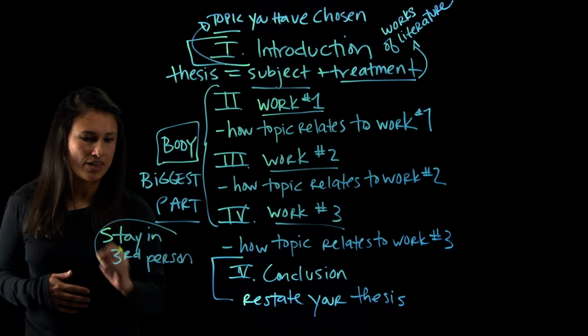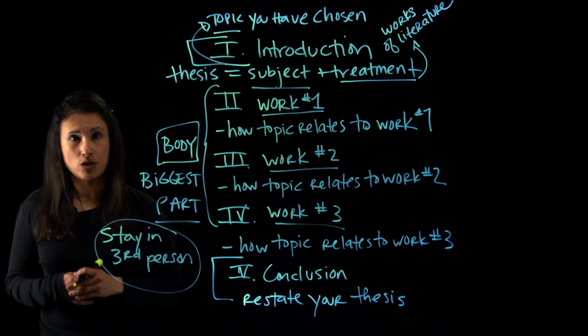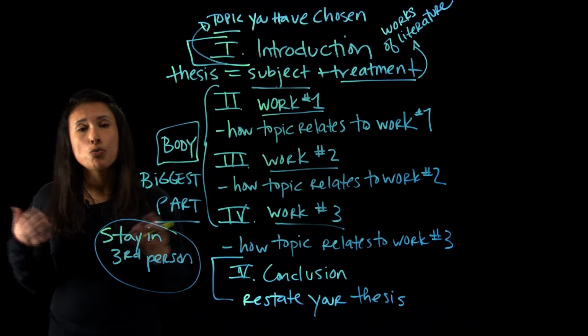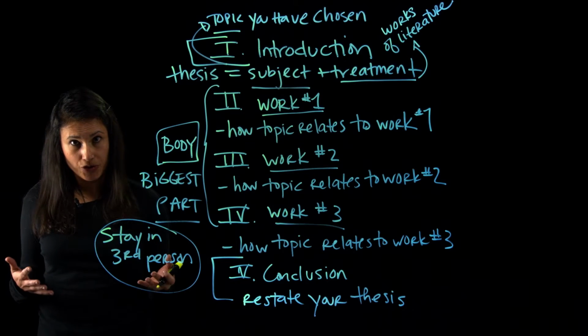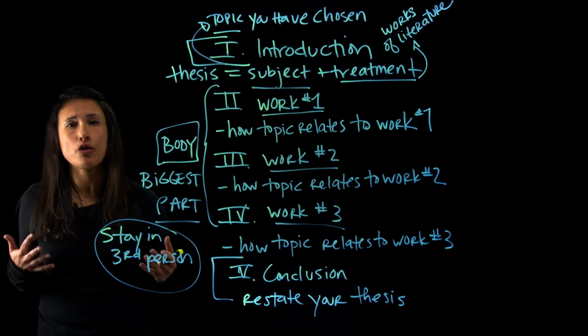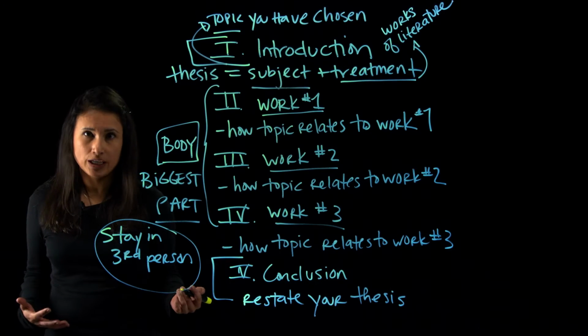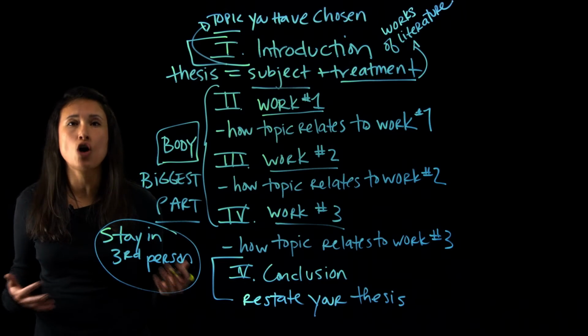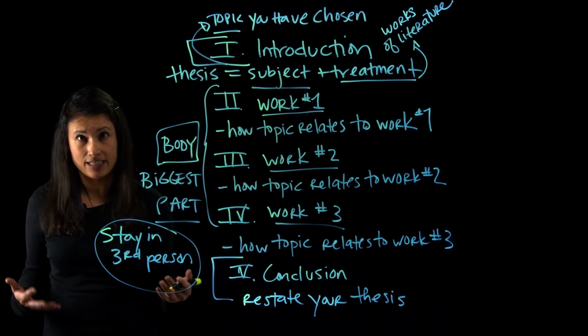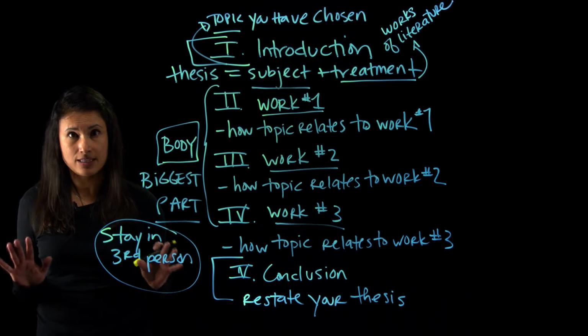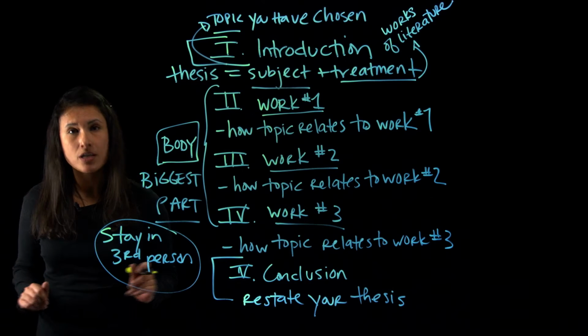This is something that I super believe in for student writers. If you can write confidently from the third person, it sounds so much more authoritative. We already know that you would never use you in a formal essay because we're not having coffee. You're writing an academic essay, so you will never speak in the second or write in the second person.